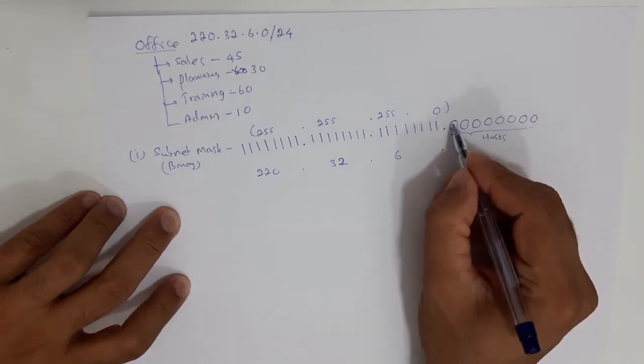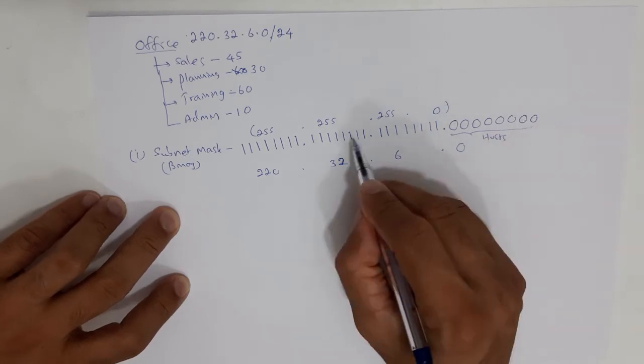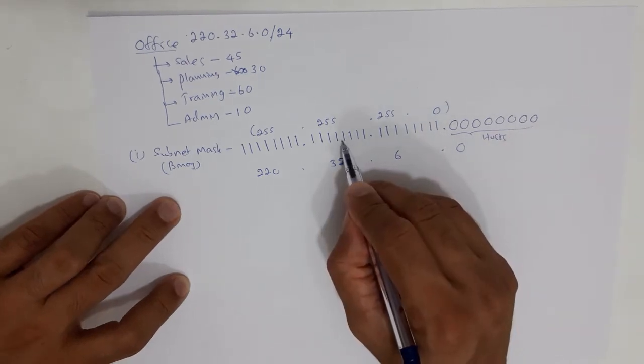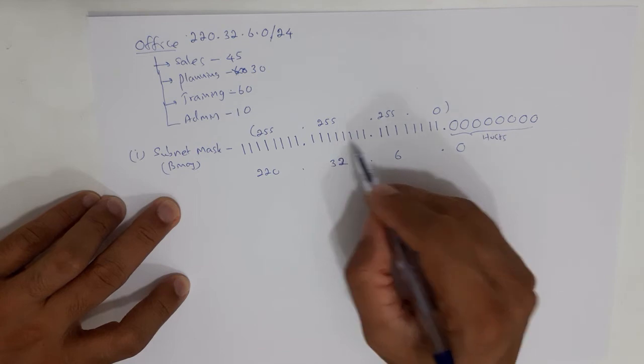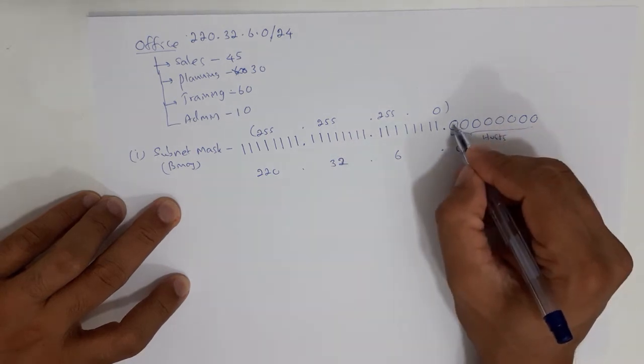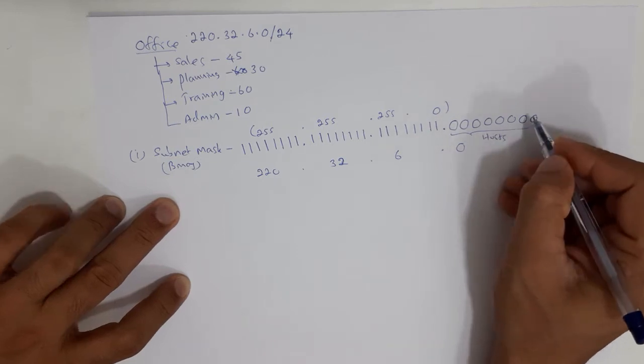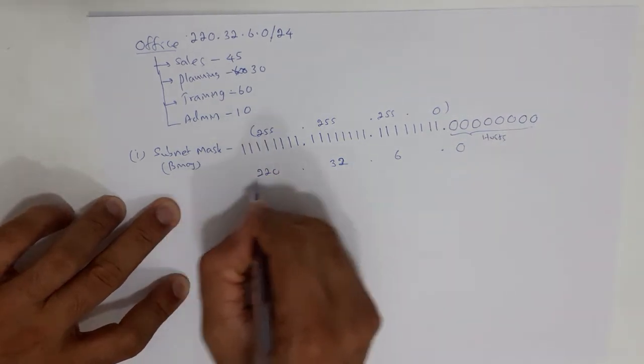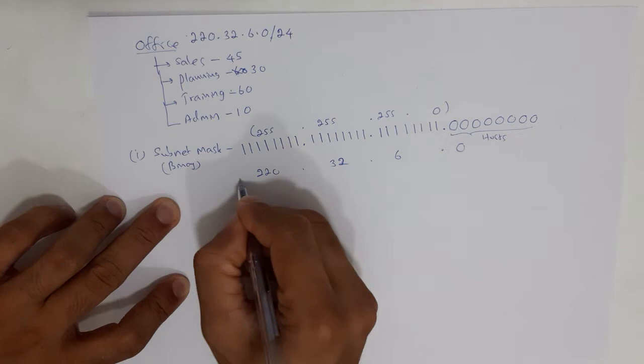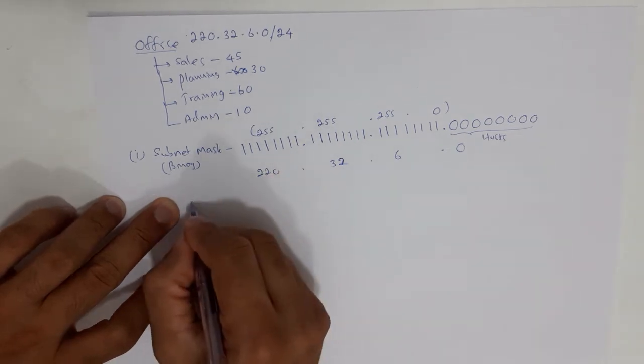So the last octet represents the host because of the subnet mask we have considered. With this we can prepare all the IP addresses. Really we don't need to worry about the IP address at this moment. From the subnet mask we can get it.